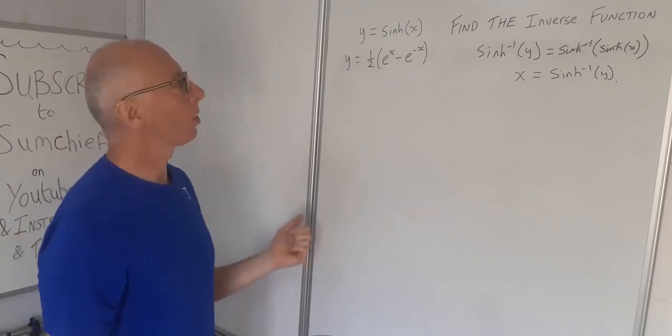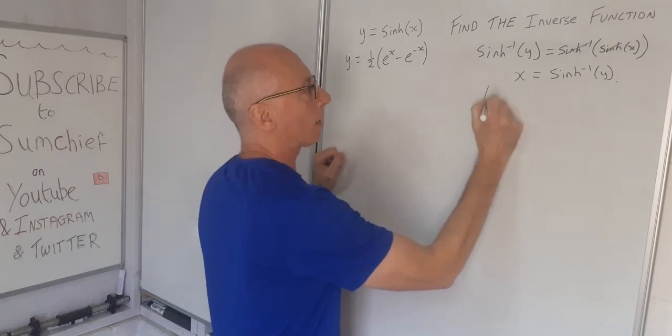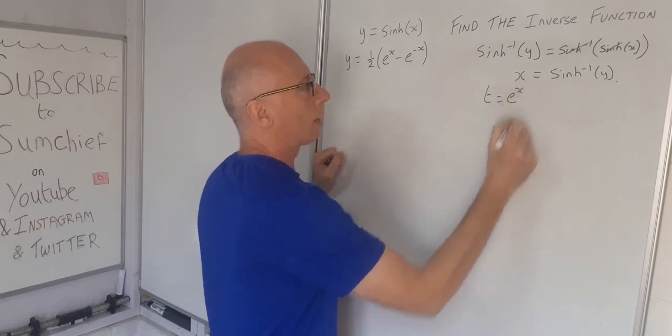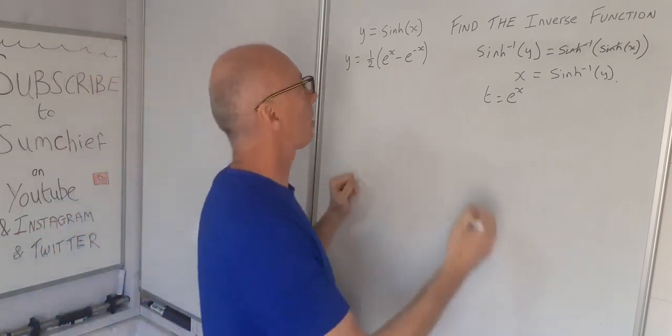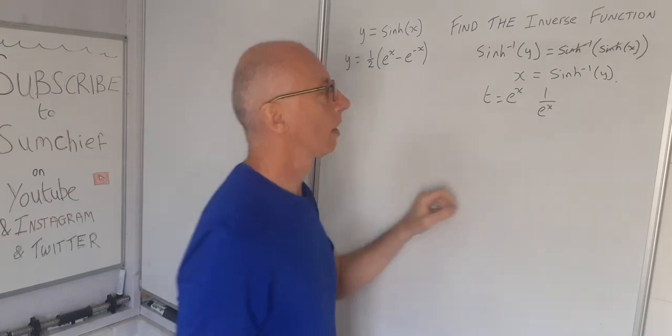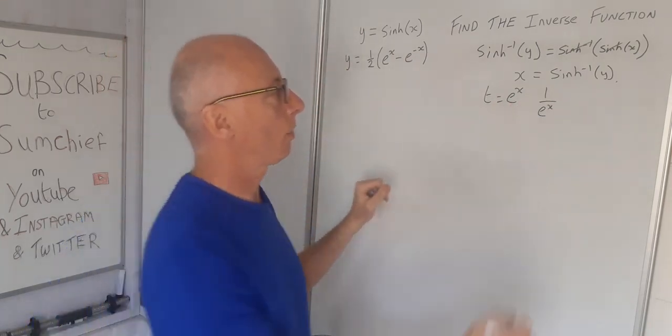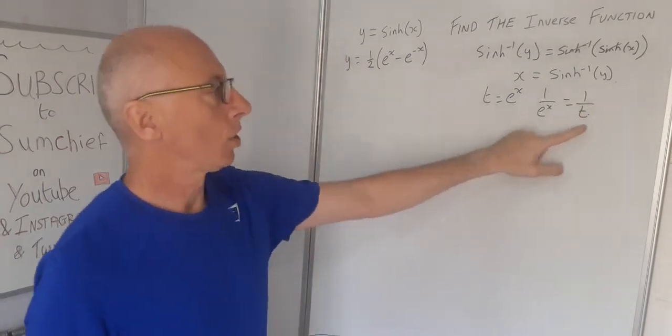So let's do a little substitution to get rid of these e to the x's. So if we let t equal e to the x, that takes care of this one. e to the minus x, well that's just 1 over e to the x. So that will then just give us 1 over t in terms of our substitution.